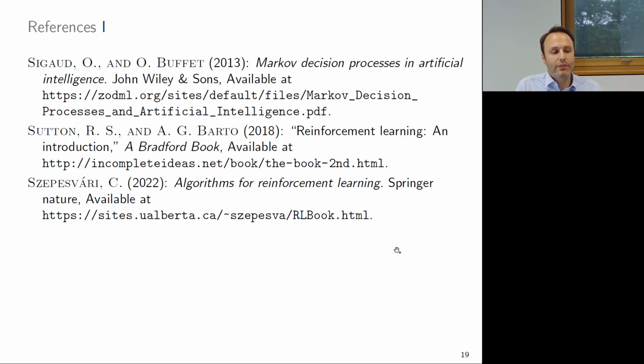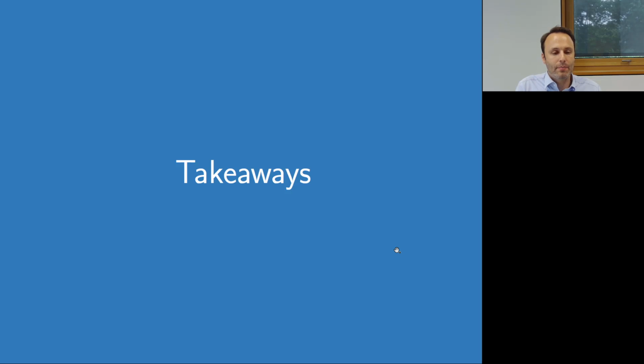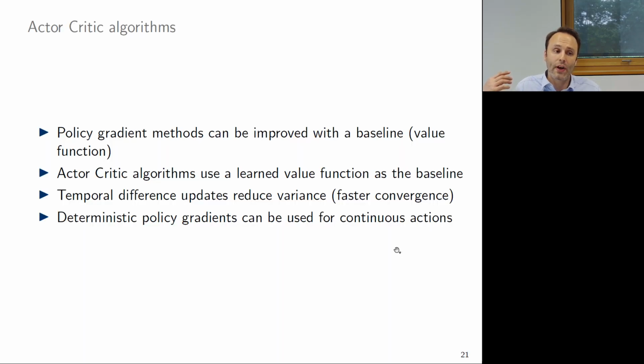Now here are some references, and let's sum up what we have seen. Actor critic algorithms combine policy-based and value-based algorithms. Policy gradient methods can be improved by using a baseline, which then critiques the actions explicitly.